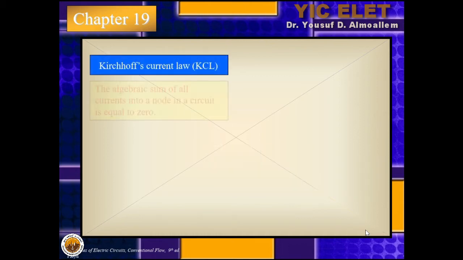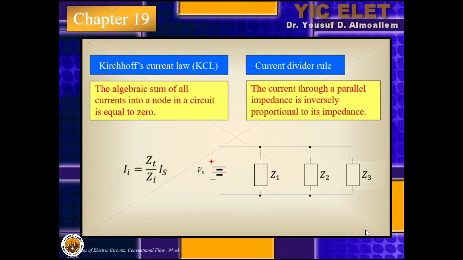Now, talking about the current, we have to come across the current divider rule. In parallel circuits, the current through any parallel impedance is inversely proportional to the impedance. It is opposite, not similar to the previous one. So the current through any branch is inversely proportional, so the Z will be in the bottom.